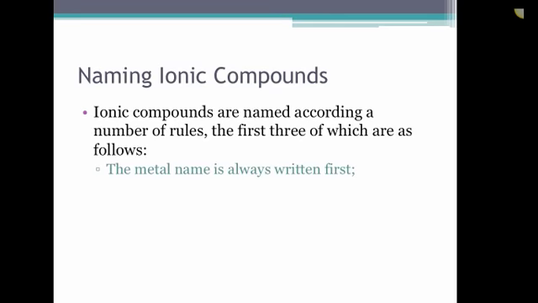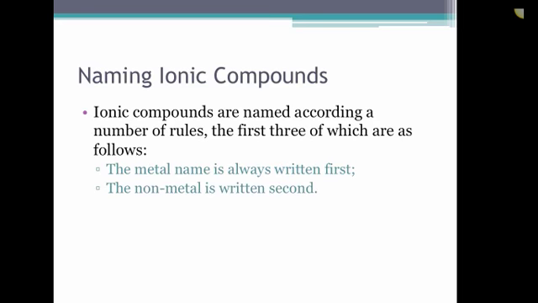So here they are. The first one is that you write the name of the metal first. Of course, as I've already stressed before, all ionic compounds are going to have one metallic component, that is one metal, and they're obviously going to have one non-metal, otherwise we can't get this give and take arrangement with electrons. So the metal name is always written first.